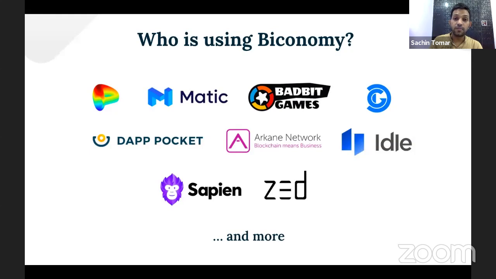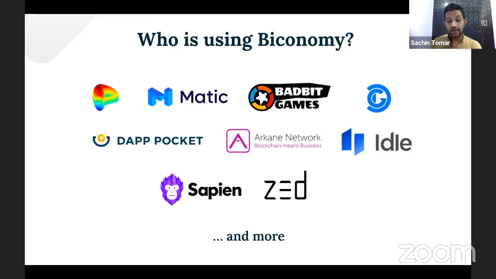And who is using Biconomy today? We started our beta around the 4th of May, and since then a lot of applications have come onboard. For example, Curve is one of the big applications in the DeFi space. Curve is using Biconomy to enable gasless deposits of BTC in two of the BTC pools on Curve.